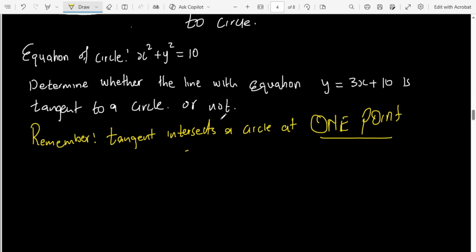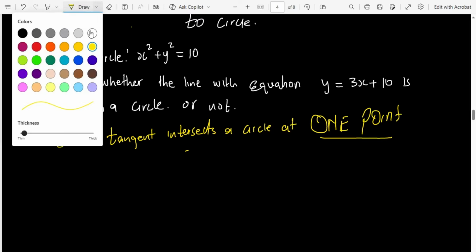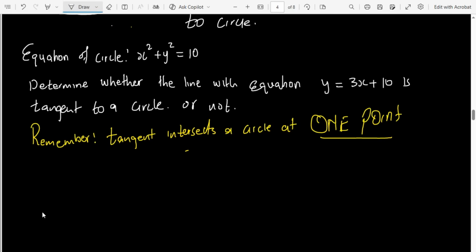So in order for you to prove, we first have to look at these two equations. The first equation is x squared plus y squared is equal to 10. I'm going to call this my equation 2. Then the straight line, y is equal to 3x plus 10, I'll call equation 1, because it's easy to work with, as y is already the subject of the formula.